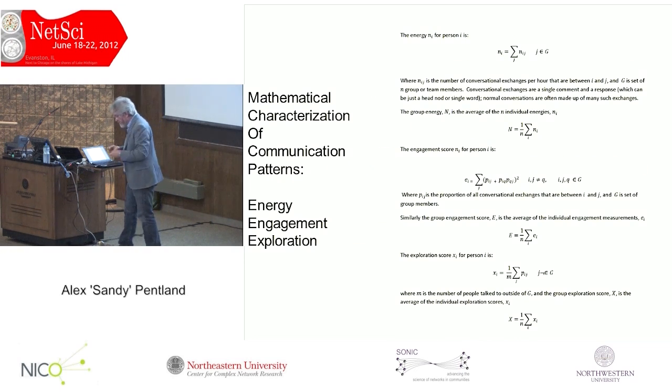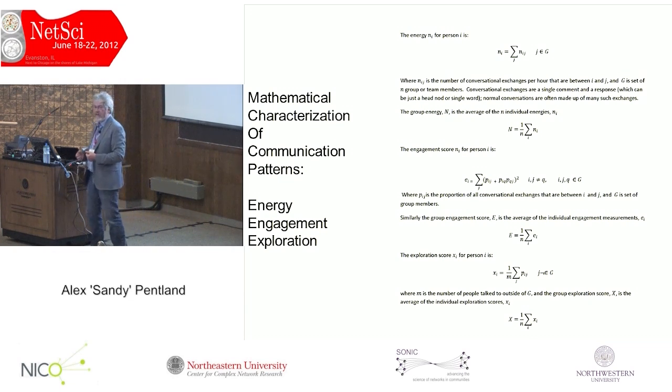Now, we take these badges out into the world and instrument entire organizations for a period of a month. Through doing this on a couple of dozen organizations now, we've found some patterns which shouldn't really surprise you.